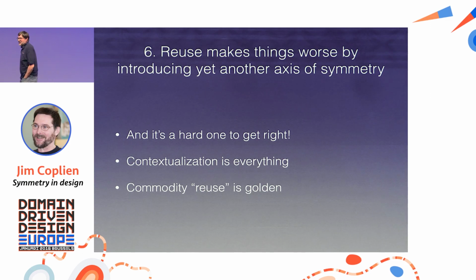I'm from Denmark. We had a physicist named Niels Bohr, and he said, be careful about predicting things, particularly if they involve the future. So it's really hard to predict this. And I mean, this has been kind of the holy grail, especially in the 1980s. Contextualization is everything. And so you're going to say, I'm going to make a reusable list.